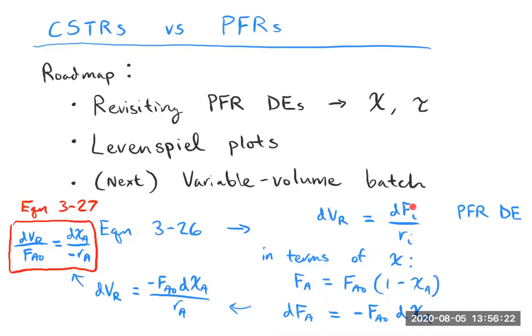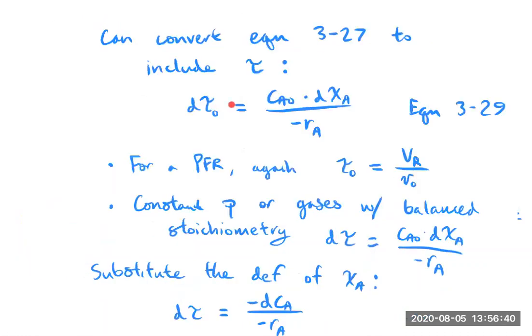So all we've done is jump back and forth a little bit. We had dFi over Ri, which maybe looked simple, maybe not. If we wanted to work in terms of conversion, we got here by making the substitution. If we want to work in terms of concentration and residence time, then what we're doing on this page is getting residence time back in. And because residence time includes volume over volumetric flow rate, we would rather go back to concentration rather than molar flow rate.